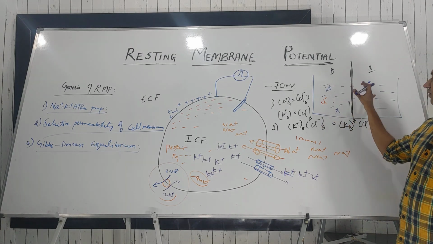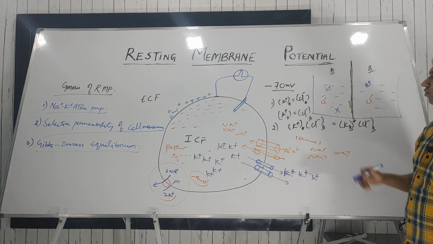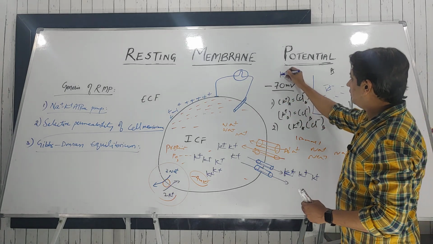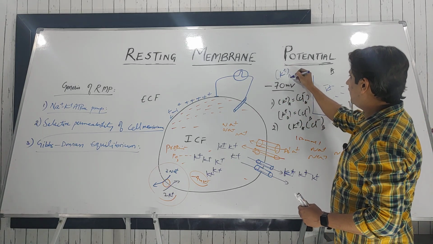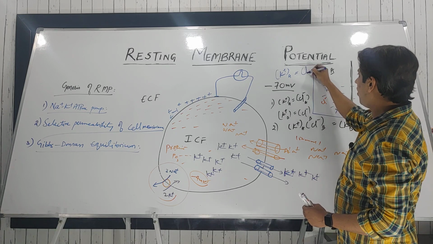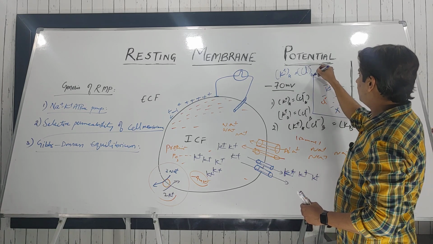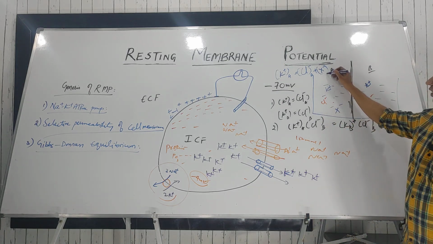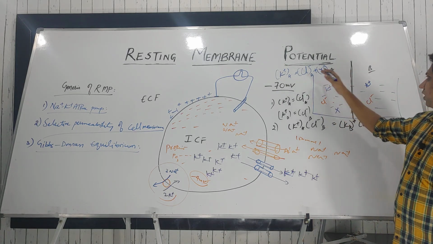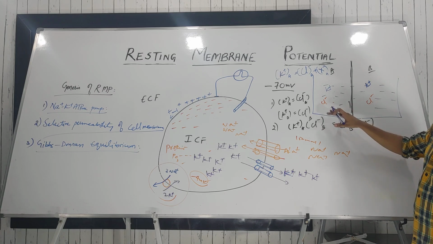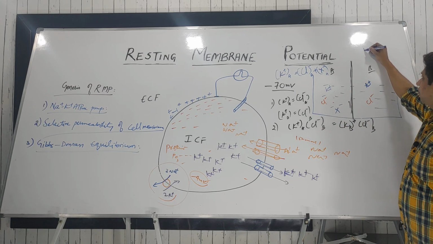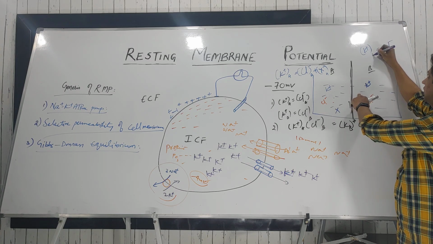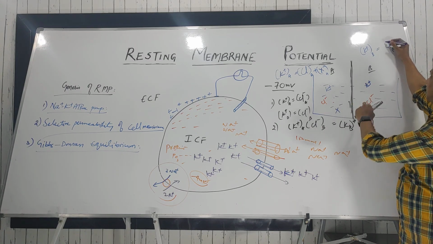According to this, at equilibrium total charge should be neutral, that is, the potassium concentration of A should be equal to all the negative charge, that is chloride of A plus the X anion. Similarly, on the other side there is no extra negative, so total positive charge will be equal to the total negative charge, chloride of B.